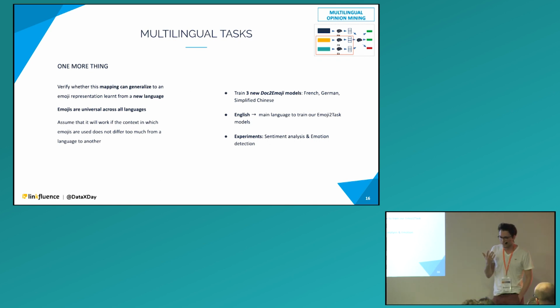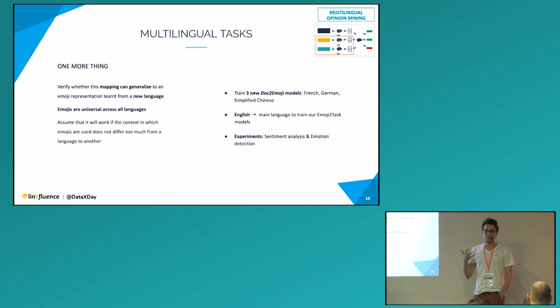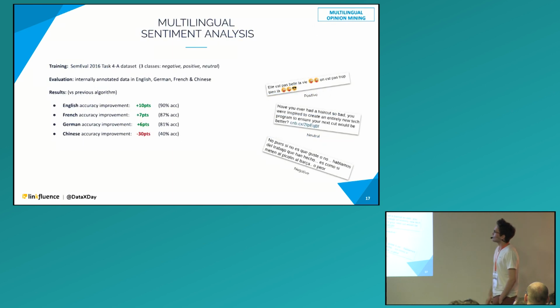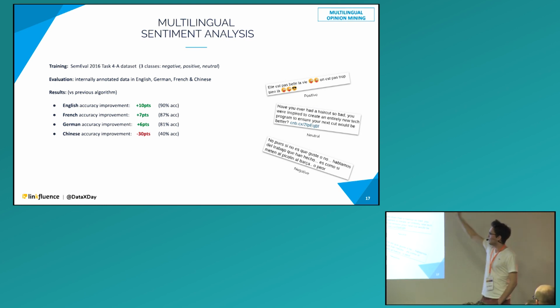Because, as I said at the beginning of the talk, we have reliable, manually annotated data sets for social media data in the English language. We performed the experiments on two tasks: sentiment analysis and emotion detection. First, for the multilingual sentiment analysis, we trained the emoji2task model based on the SemEval 2016 task 4a dataset, which contains 3 classes: negative, positive, and neutral.